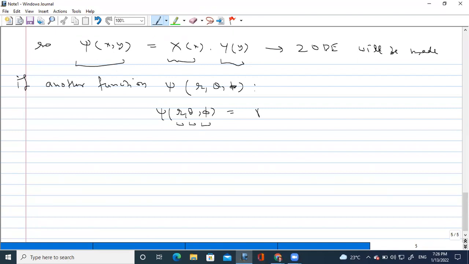So that can be written as the product R(r) into Theta(theta) into Phi(phi). And everything we have done in quantum mechanics. Okay, so this is from partial differential equations only. So here 3 ODEs can be made, and 3 ODEs will be solved. So all the Schrodinger equations are solved like this only. So that's why we have to learn it very well.